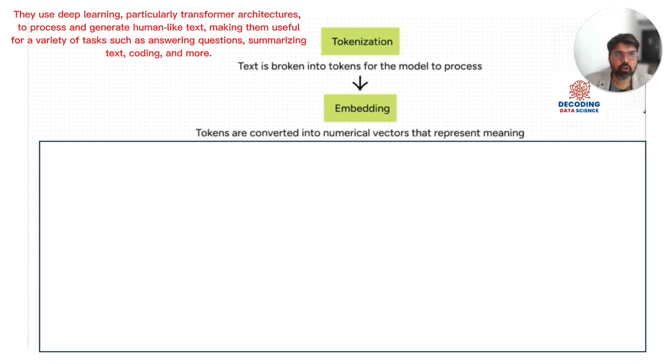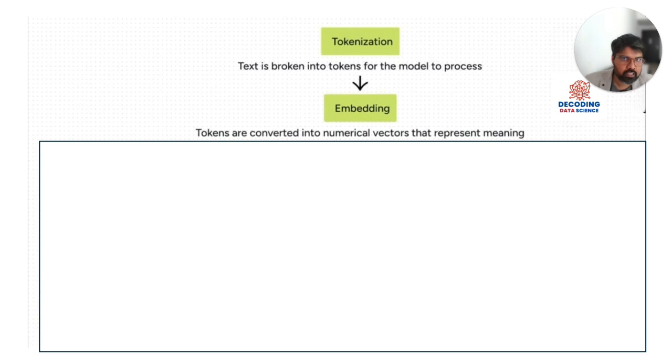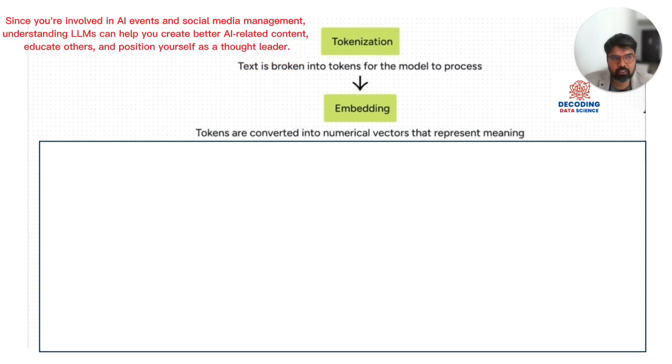Each vector represents a meaning, and they are plotted in a multi-dimensional vector database which can be retrieved easily with some context. So this is the second step, that is called embedding.